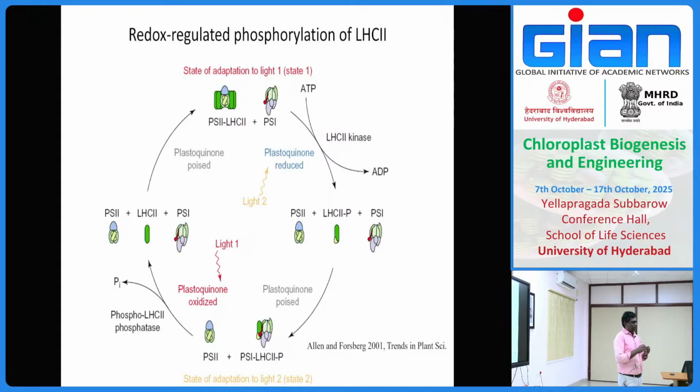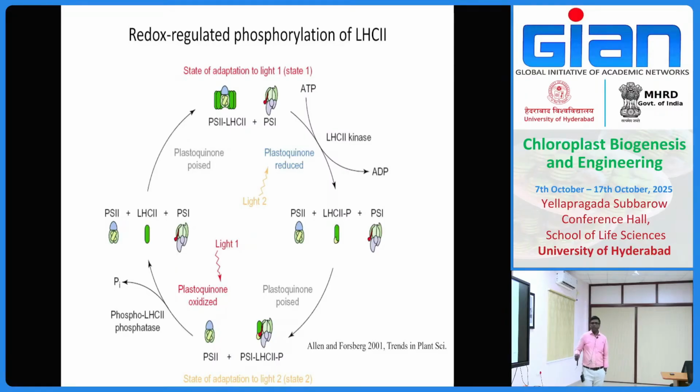That's called the redox regulatory mechanism. It is like a motor, a transport system going in a circle, which we are going to discuss here. In the linear electron transport, photosystem 2 absorbs 680 nanometer light, the electrons are excited and go to the PQ pool, then from the PQ pool to the cytochrome b6f complex, then to photosystem 1.